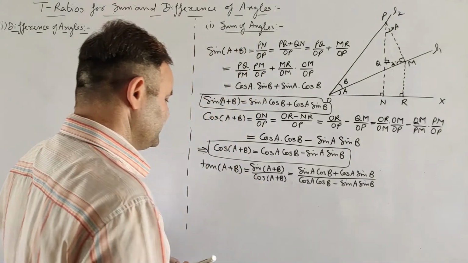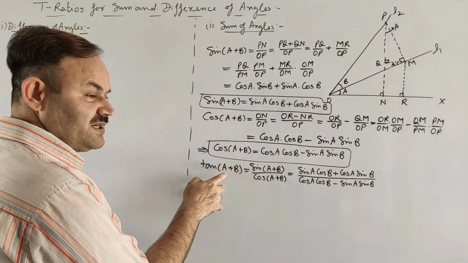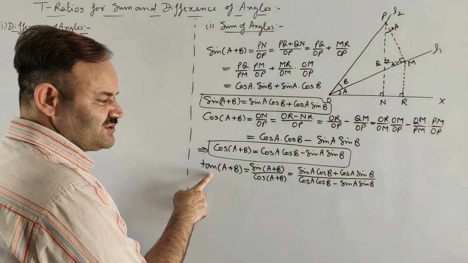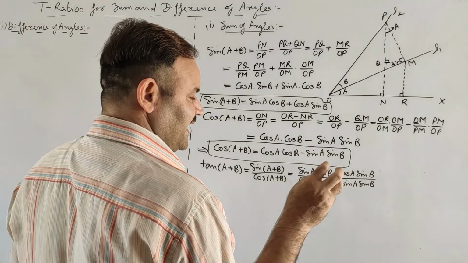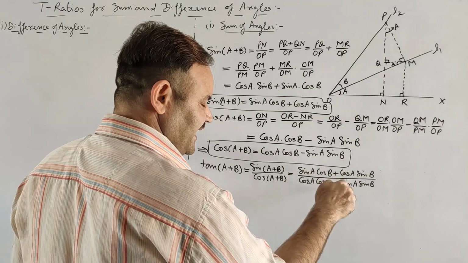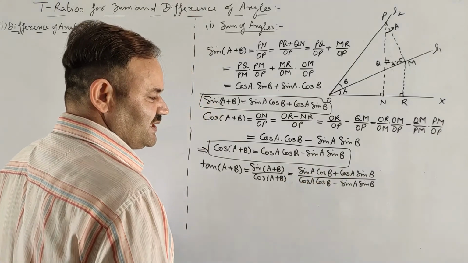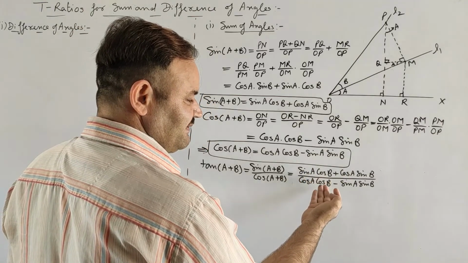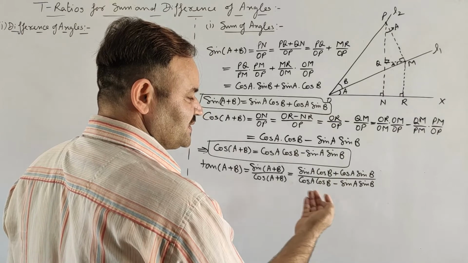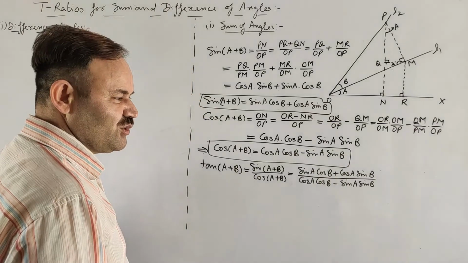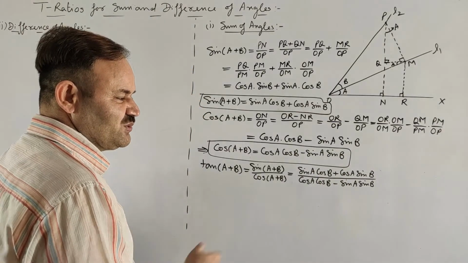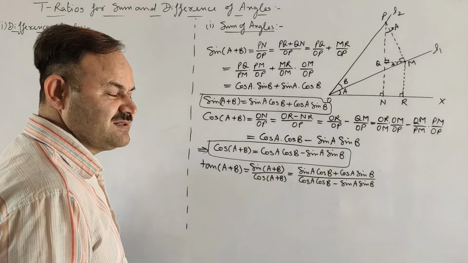And since it is the T ratio for tan, so we will try to insert tan in this expression, and for that we will divide numerator and denominator both by cos A cos B, because sin upon cos will give us tan.